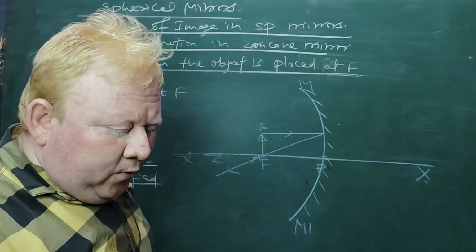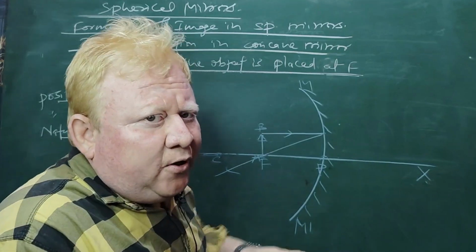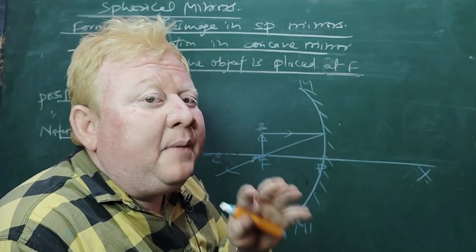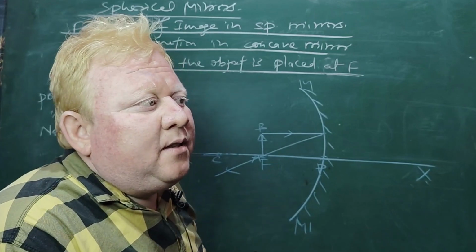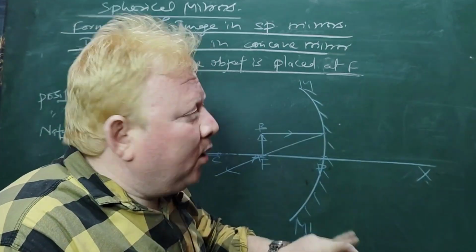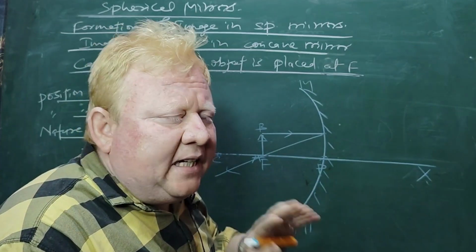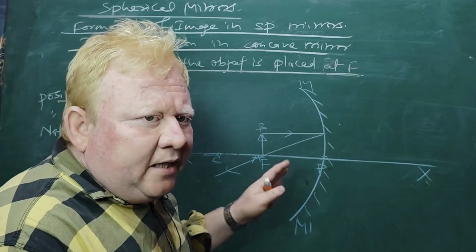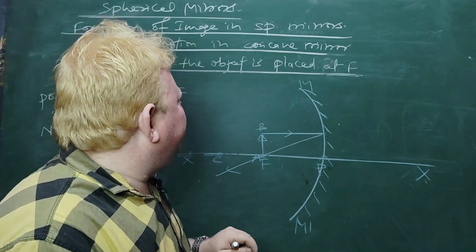Now we are going to form an image. So in order to form an image, what do we need? We need a meeting point of reflected rays. So we have one reflected ray; if I get one more reflected ray and these two are meeting somewhere, then there will be an image. Okay.